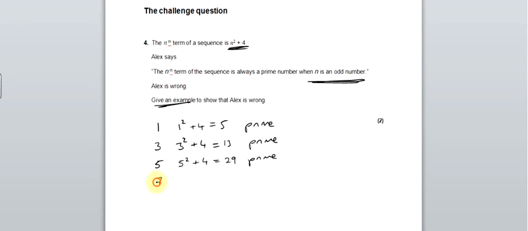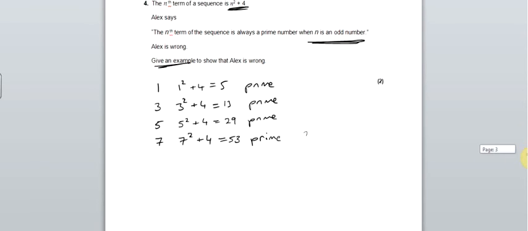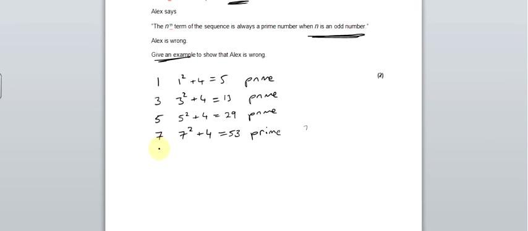How about 7? 7 squared add 4. 7 7s are 49. 49 add 4 is 53. 53. That sounds like it's prime. At this point, you might not be so sure, so you might put your question mark there to come back to. How about 9? 9 is an odd number, isn't it?